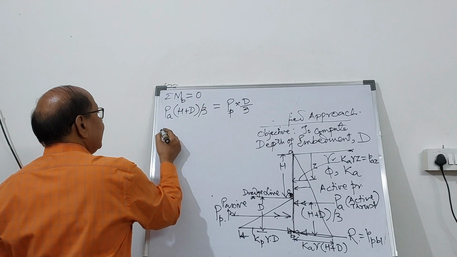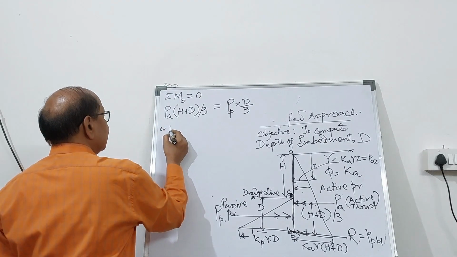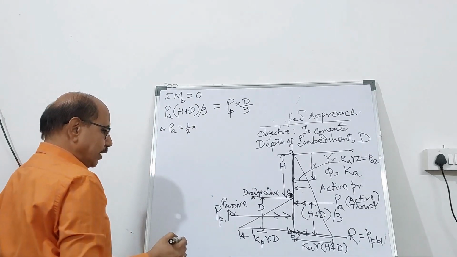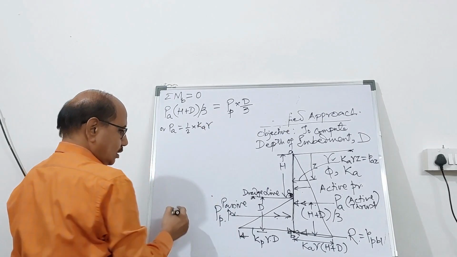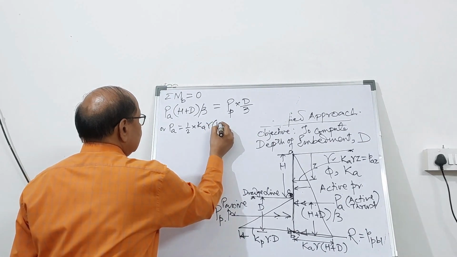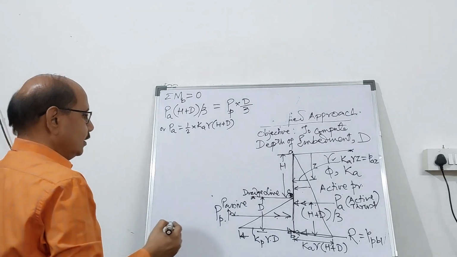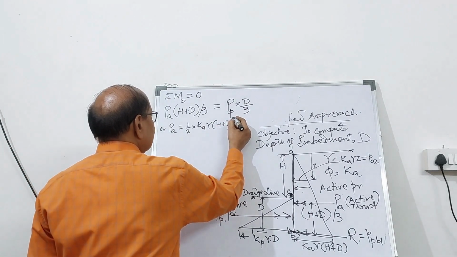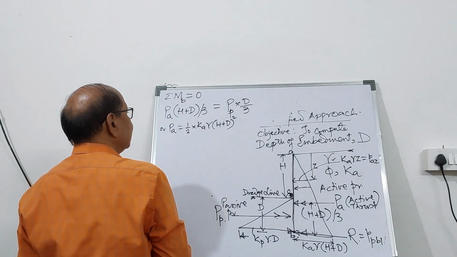Or you can say that PA is simply half into base, that is K gamma into (H plus D), into (H plus D), that is (H plus D) whole square. That is the value of PA.